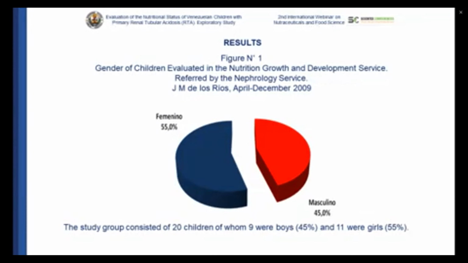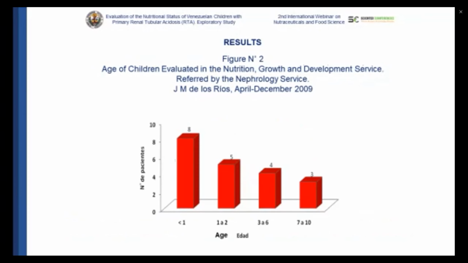We found that 55% of the 20 children evaluated were female, a data similar to world reports, where it is found that this pathology is more frequent in girls than in boys.